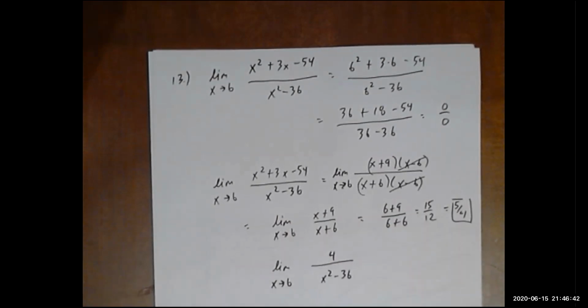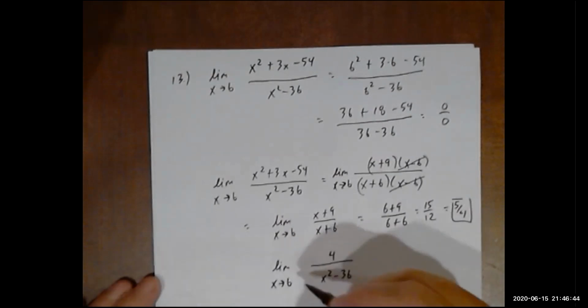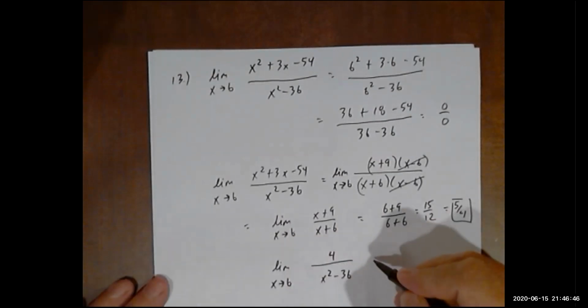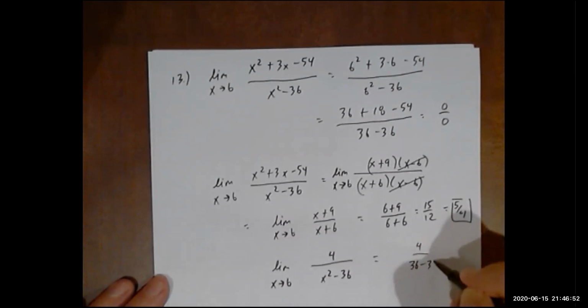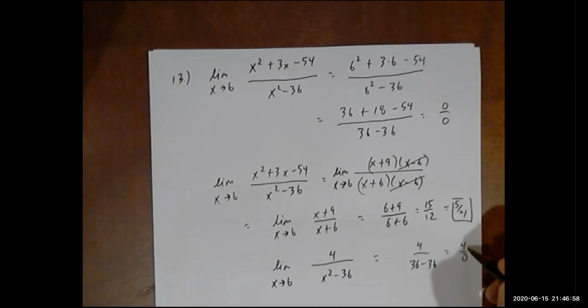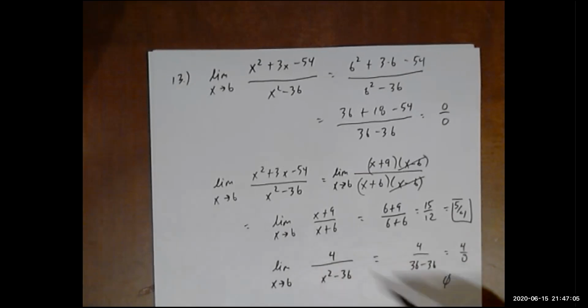I would plug in 6 for x and see what happens. 4 over 0. What happens when you try to divide a number by 0? It's undefined, therefore there's no solution.